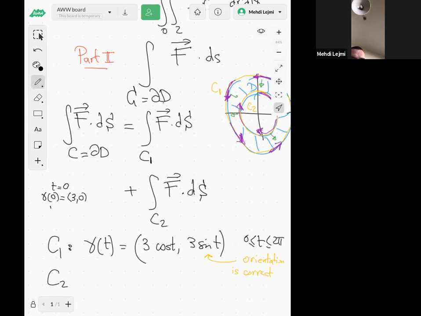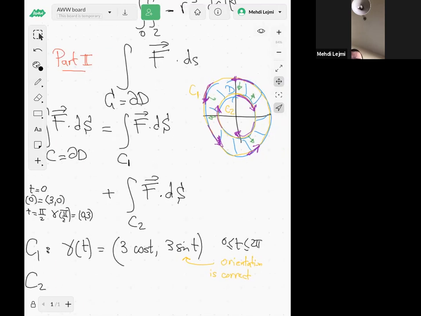If you take t equal to pi over 2, gamma of pi over 2 is just (0, 3), etc. So we are moving from (3, 0) to (0, 3) to (-3, 0), etc. That's exactly the orientation required by Green's theorem.